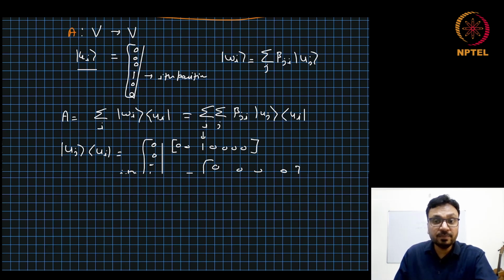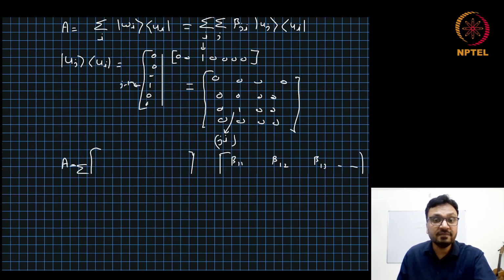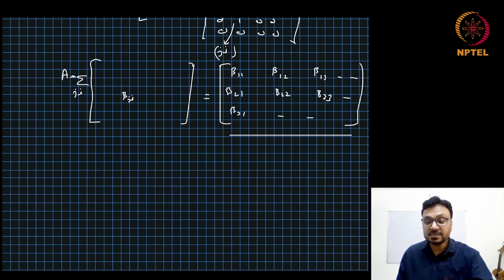So once we decompose omega i in the same orthonormal basis Uj with coefficient beta ji, we substitute this expression and this matrix representation of the vectors, and we get a corresponding representation for the operator. So this confirms our claim that every linear operator can be represented as a matrix.